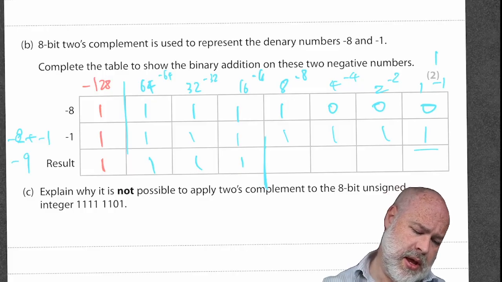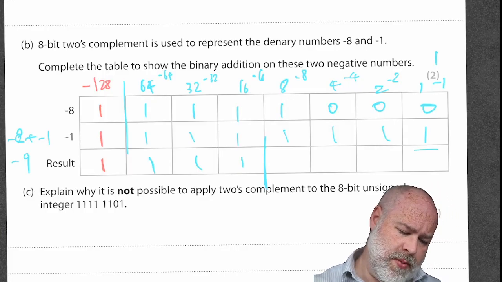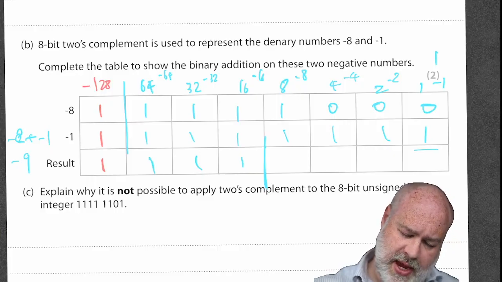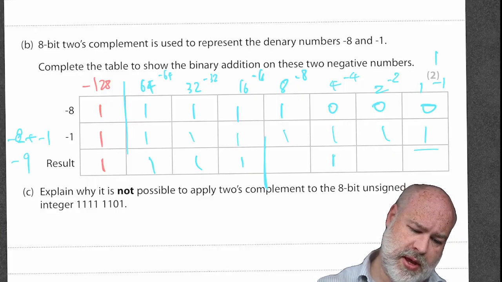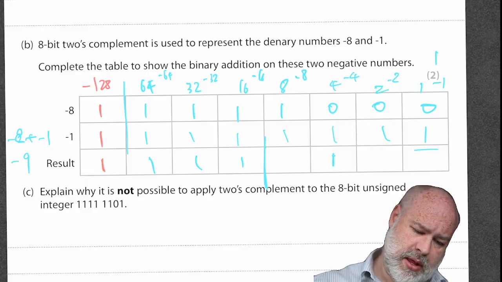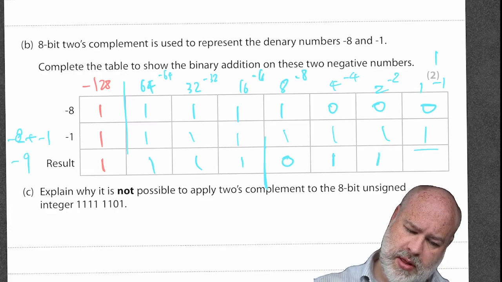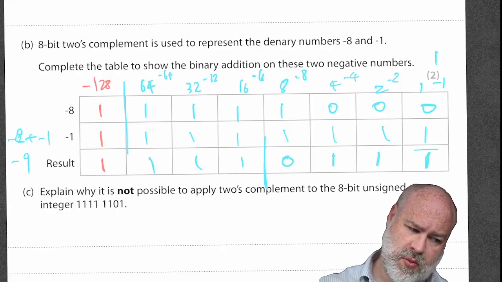So what am I up to so far? -16. So if I want to have -9, I probably just want to have that as 0, that as 1, and that as 1.